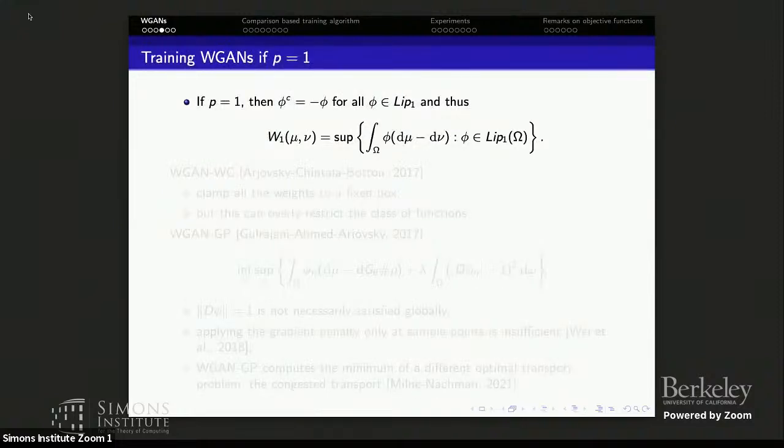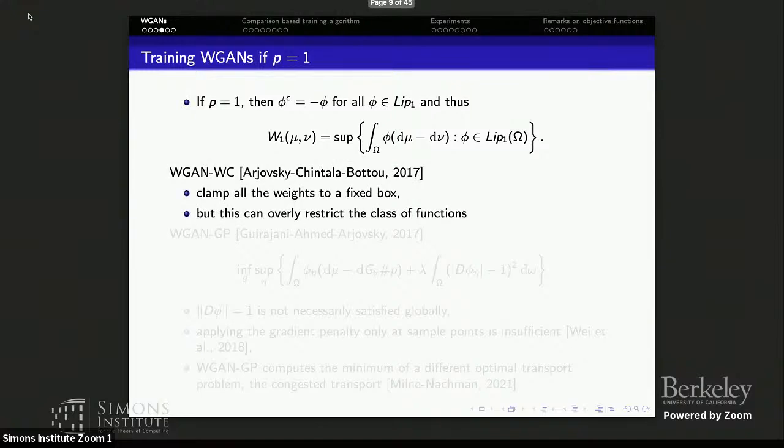Okay, so since computing the Wasserstein distance is a difficult task, instead, if p is 1, then we may consider the following simple formulation. In the original paper of Wasserstein GANs, this is the so-called weight clipping.